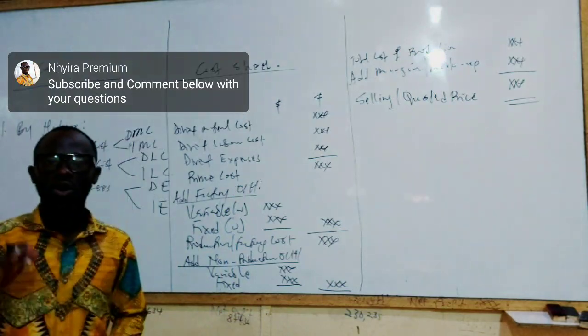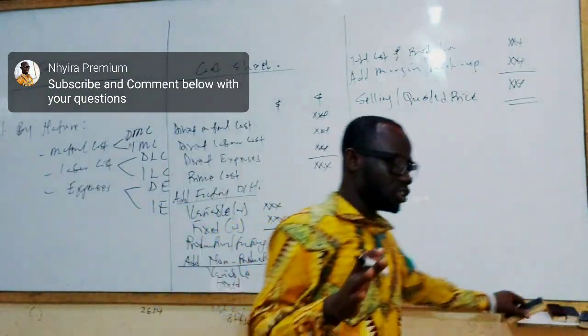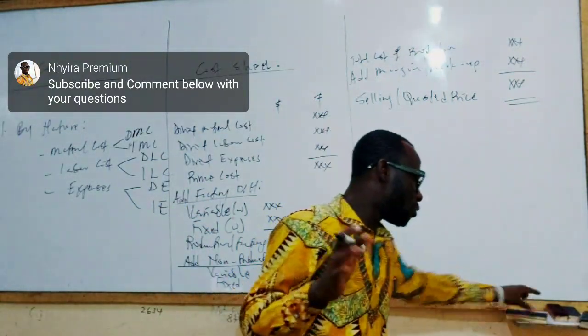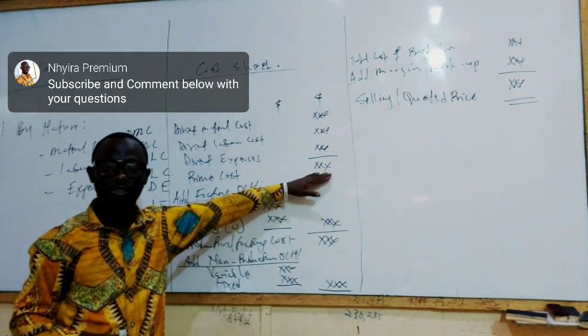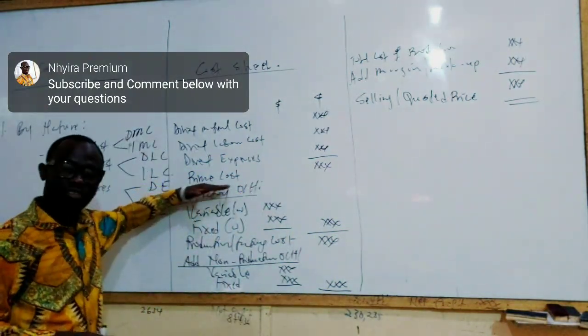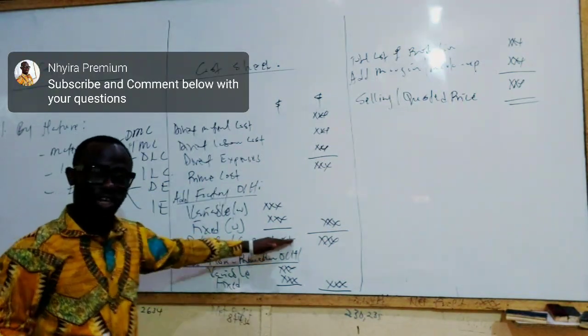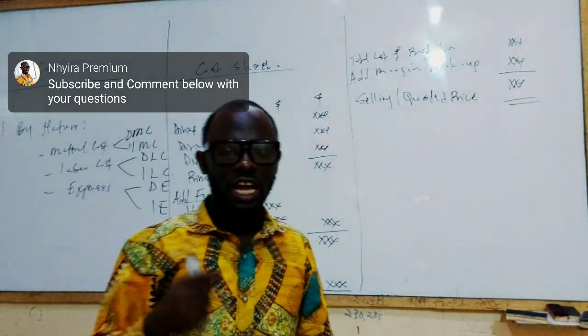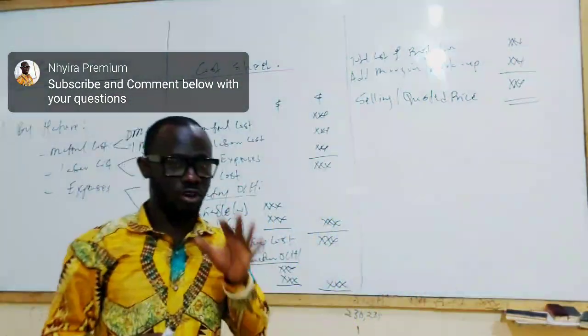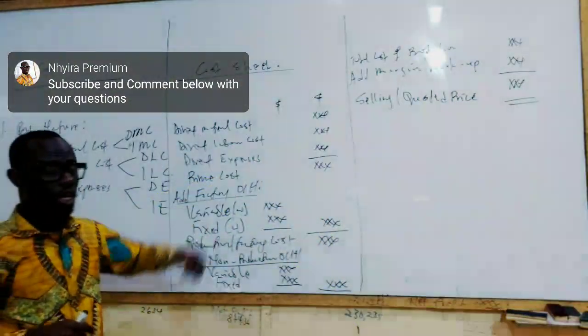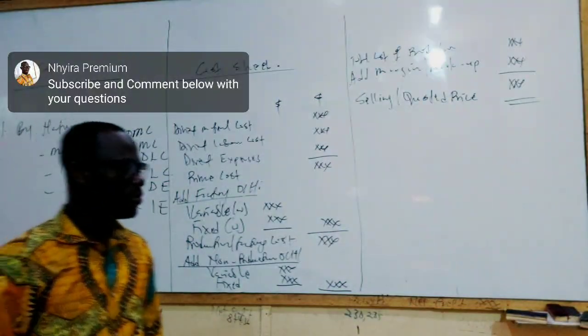So this is how we prepare the cost sheet. Very, very important. You bring all your direct costs, adding up to prime cost. You add factory overheads to get your production cost. But like I mentioned, you may have to absorb the factory overheads, and I'm going to be going into that in a moment.